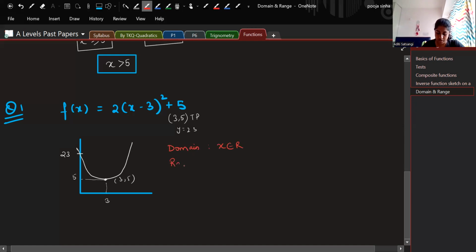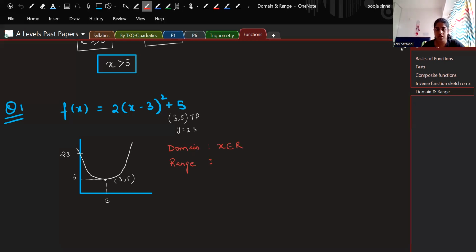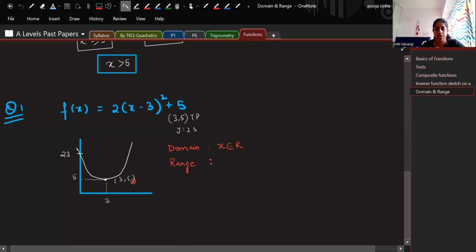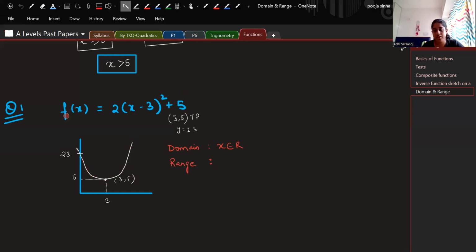And what's your range? Now look at this. You have to always look at the minimum value. So if we have the graph, what is the minimum value of Y? Isn't it the 5 here? Isn't that the minimum value? इसके ऊपर तो ग्राफ ऊपर ही जा रहा है, यहाँ से तो ग्राफ ऊपर ही जा रहा है, right? As it is going to go up, तो ग्राफ की वैल्यू क्या हो रही है? मिनिमम वैल्यू से ऊपर ही होगी, right?